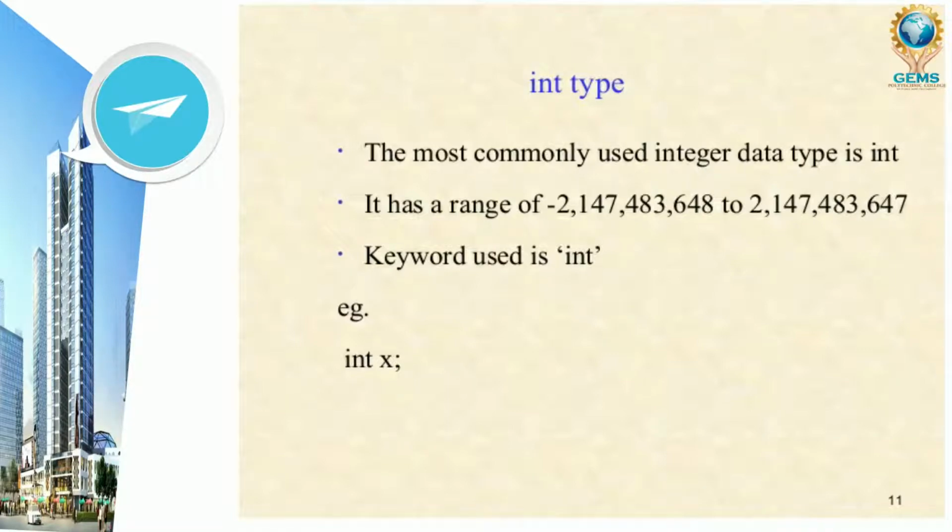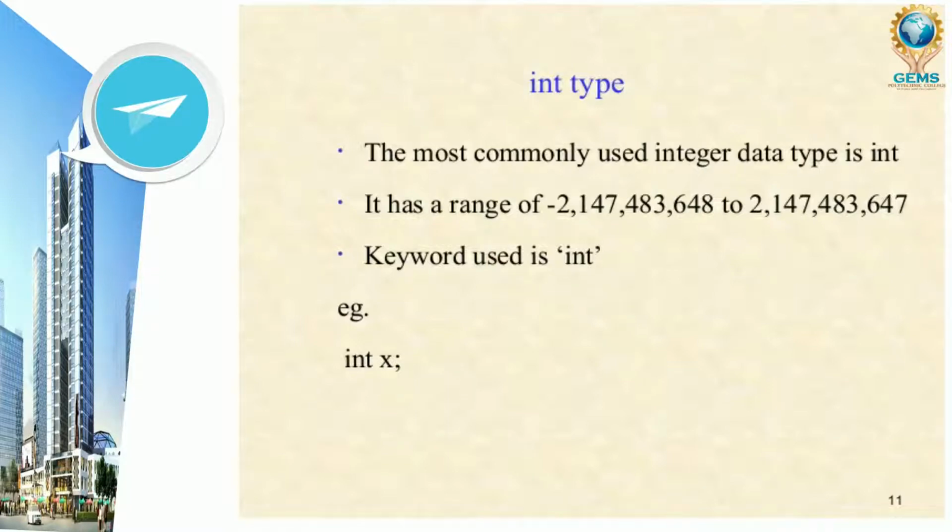The keyword is int. How do you declare the variable? Simple: int x, int y, int z, int a, int b. Like that we declare integer variables.